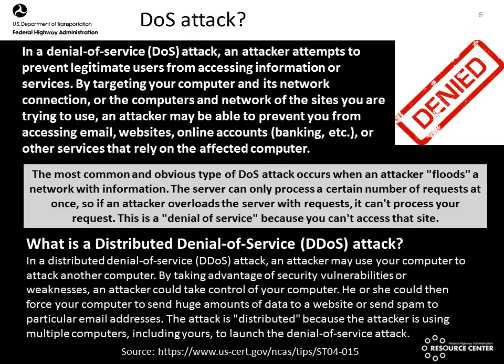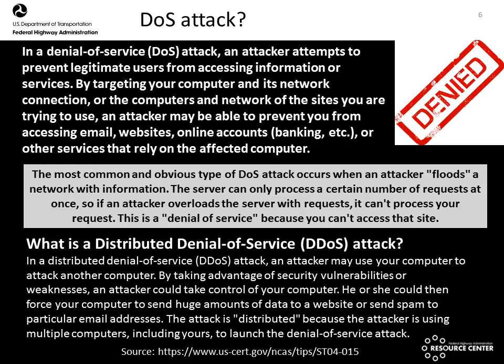The most common and obvious type of DoS attack occurs when an attacker floods the network with information. The server can only process a certain number of requests at once. So if an attacker overloads the server with requests, it can't process your request. This is a denial of service because you can't access that site.